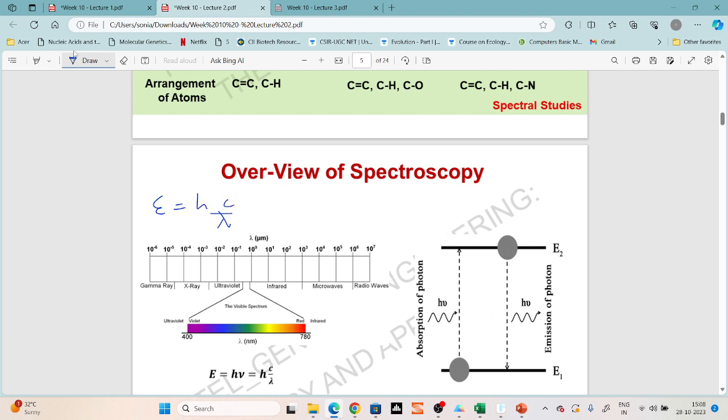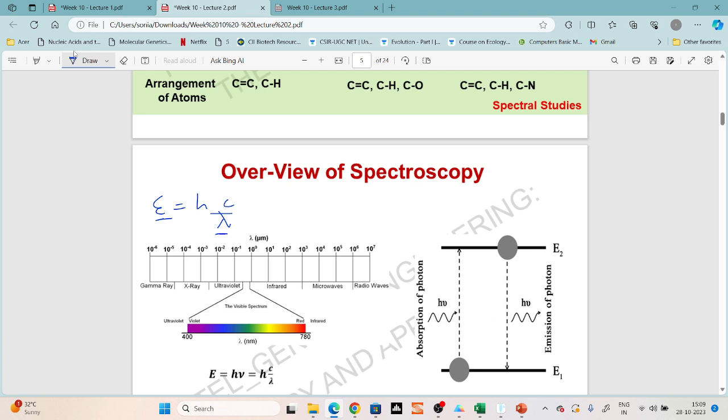What does it mean? Energy and wavelength have a reciprocal relationship. That means if wavelength is more, energy would be less. If energy is less, wavelength would be more. Here radio waves have the maximum wavelength, therefore they will have minimum energy, and gamma rays have minimum wavelength, which means they will have maximum energy.